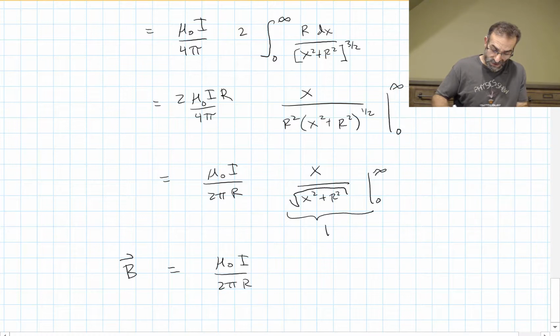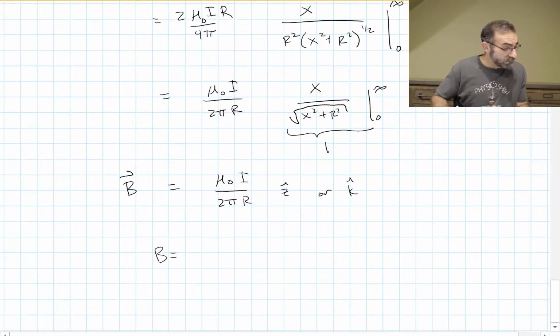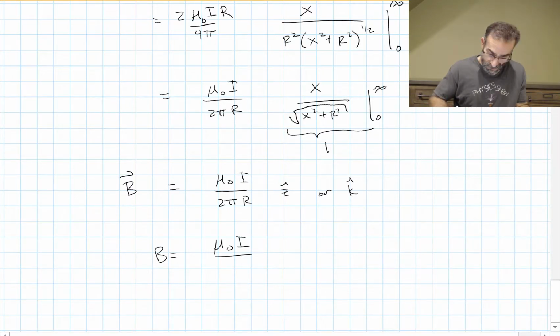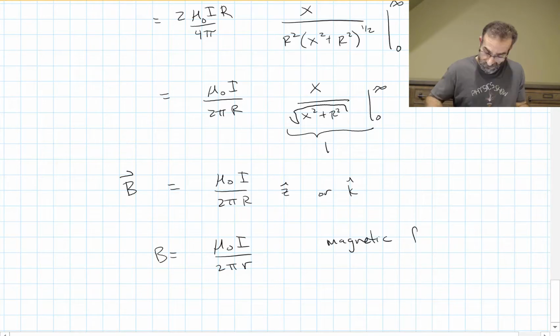This is a vector quantity, so I could have a z hat, because in this case it came out of the page, remember, in the z direction. So in general, I'll take off the vector sign from my magnetic field because this is the magnitude of the magnetic field, and I'll use a lowercase r because it could be any distance away from the wire.